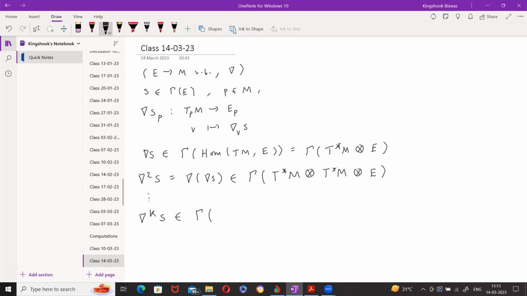K times T star M tensor E, the K-fold tensor product tensor E. And this is the same as the bundle of K multilinear maps from TM cross TM, K times, to E. Is that clear?